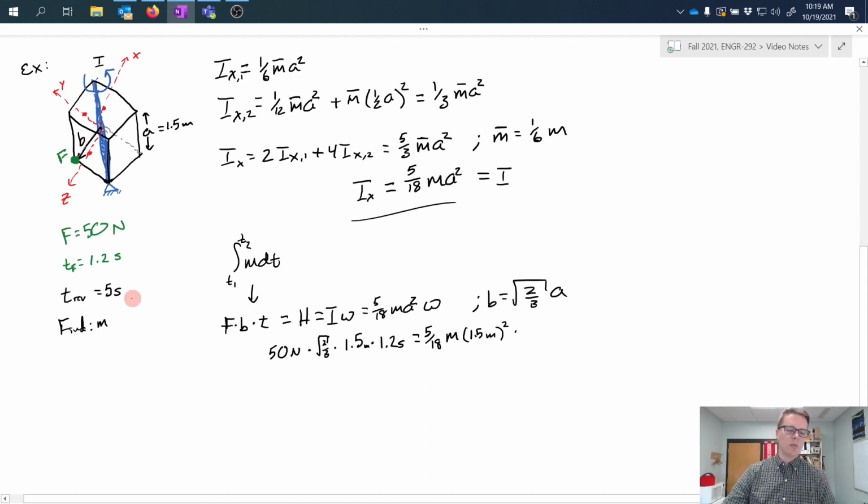So we said previously that the time it takes to complete one revolution is 5 seconds. This needs to be in radians per second, so we'll say omega is 2 pi, which is one revolution, in radians over 5 seconds.